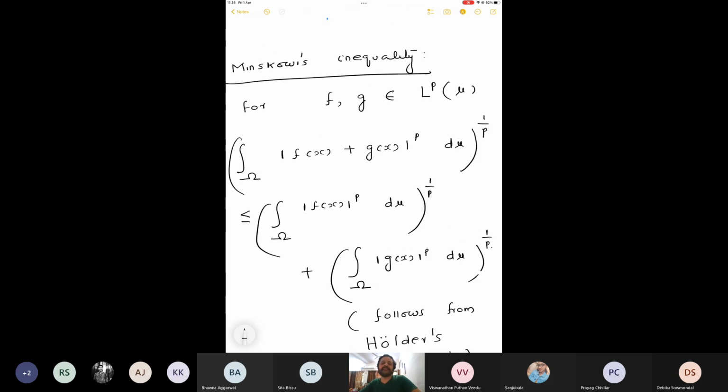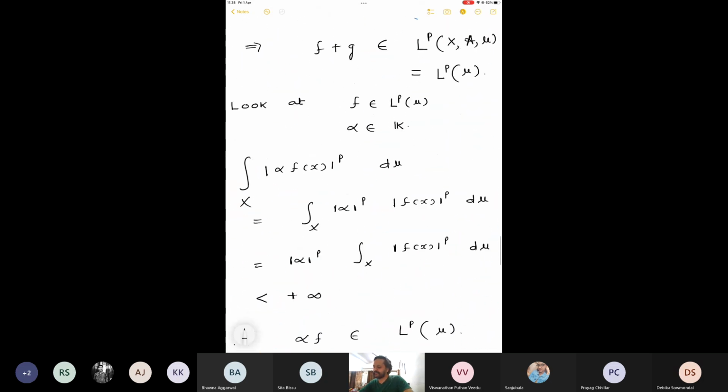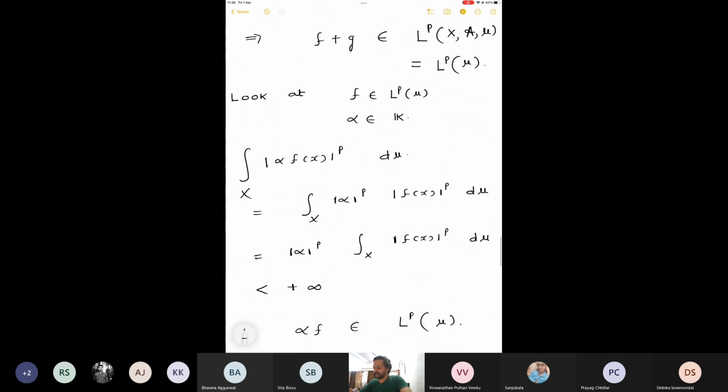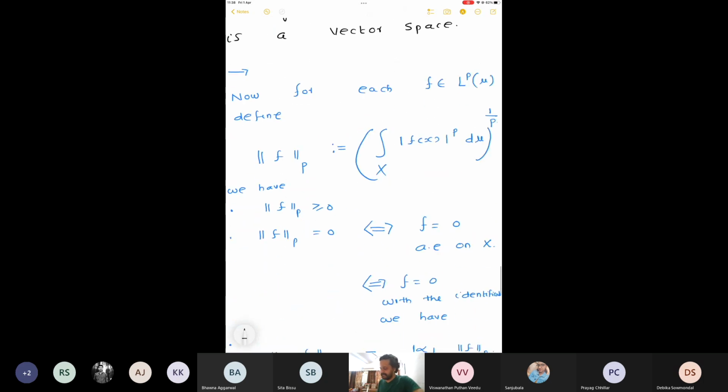Now look at Minkowski's inequality. What does it exactly tell you? What is the left hand side? It is the norm of f plus g suffix p that we defined. Look at the definition. Yeah, this was our definition of norm.